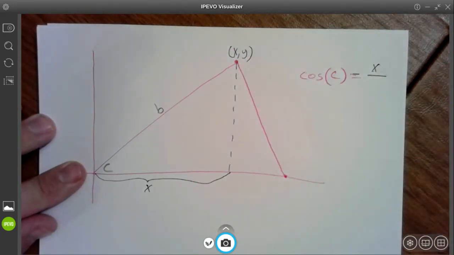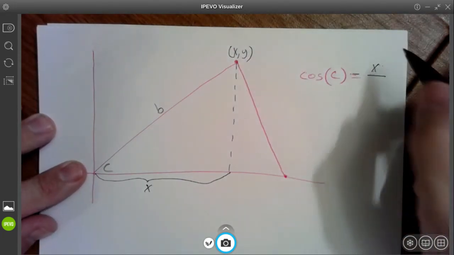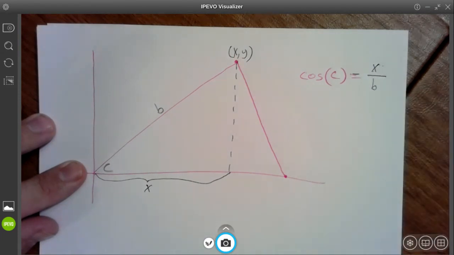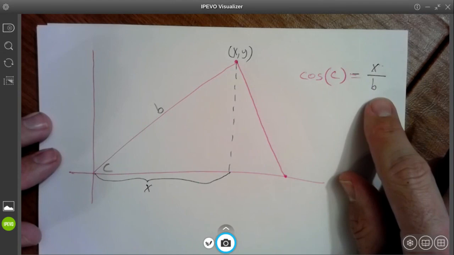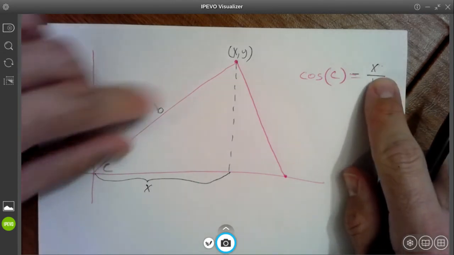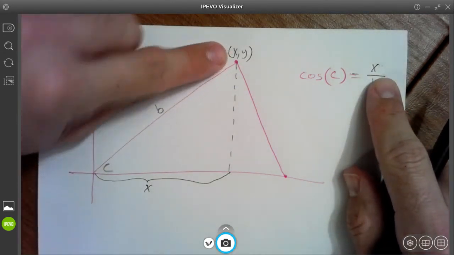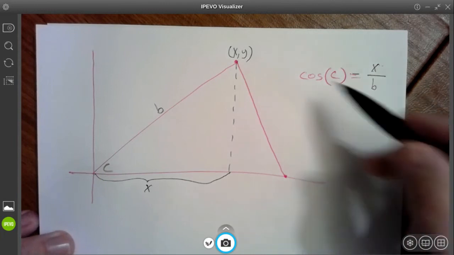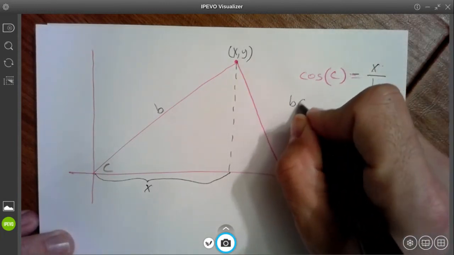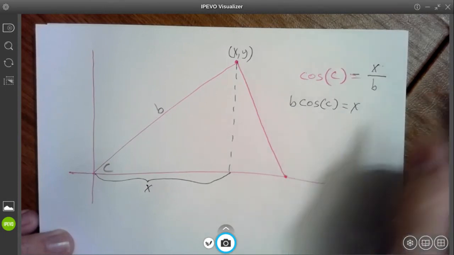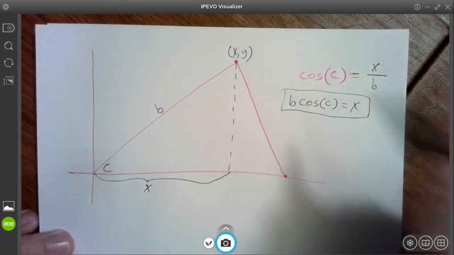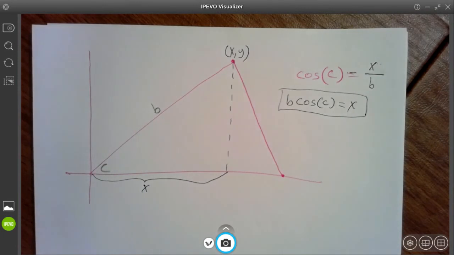That's what I'm actually after. So it's adjacent over hypotenuse, which is B. Then I can take this equation and solve for X, therefore solving for my X coordinate. If I multiply by B, I get B cosine C is equal to X. Bam, I got it.